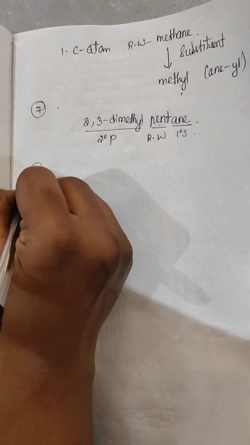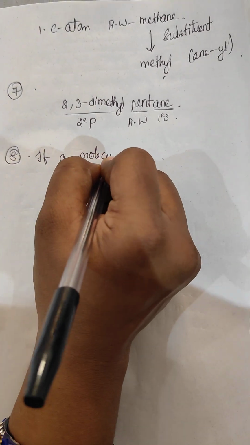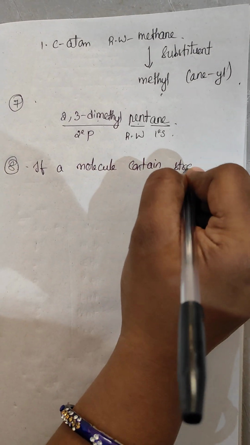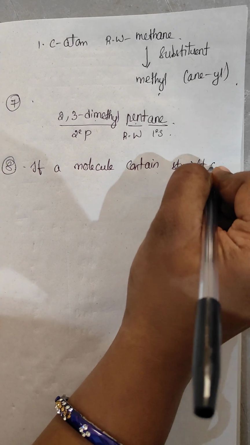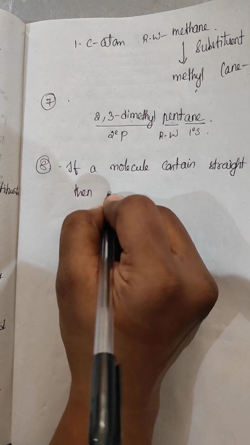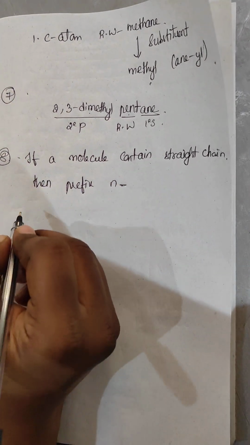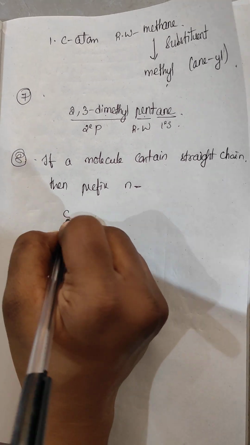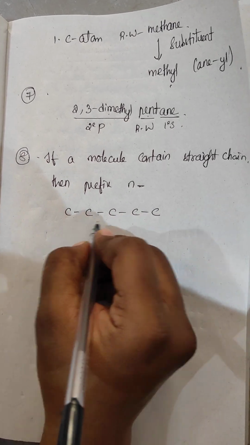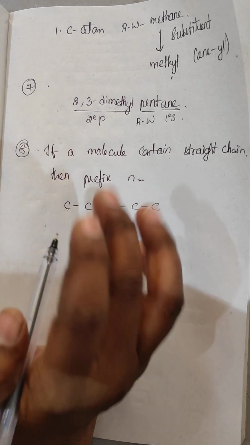Now one more point, if a molecule contains a straight chain, then prefix n should be given. If I am taking an example of 5 carbon atoms in a straight chain, always remember students, each carbon should have 4 bonds.